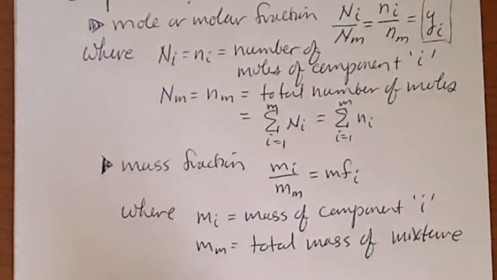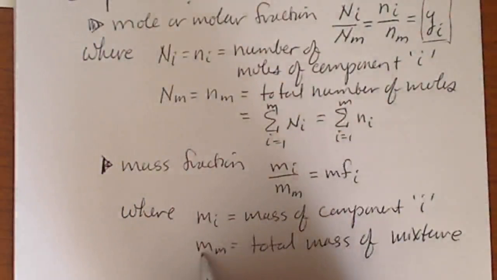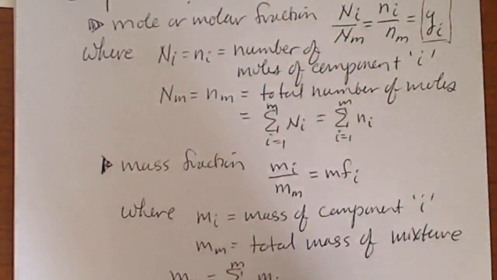Okay, so we can either talk about the mole fraction or the mass fraction. And likewise, of course, the total mass is just the sum of the mass of all of the individual ones. We just add them all up. That gives us the total mass.